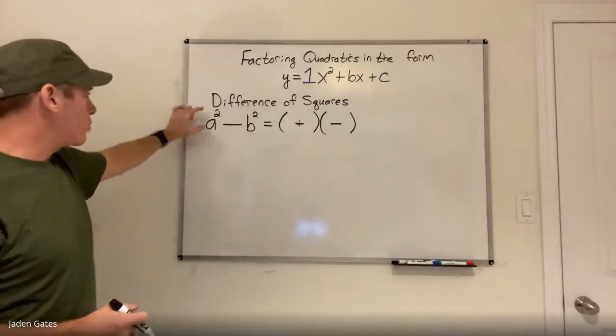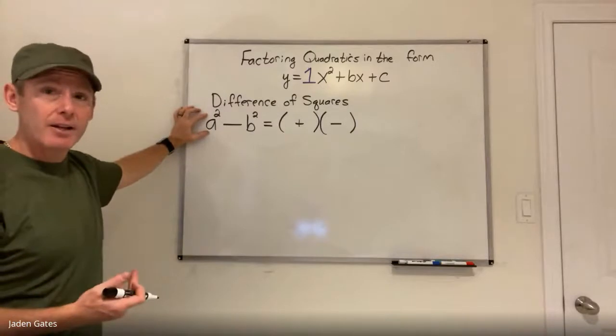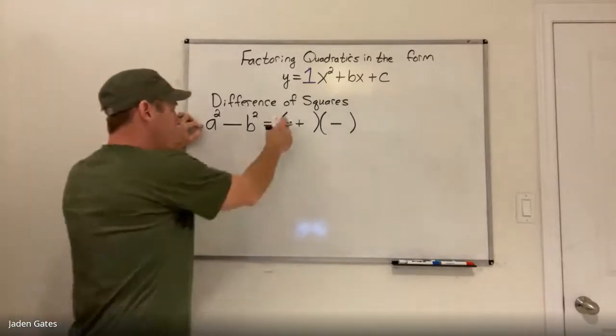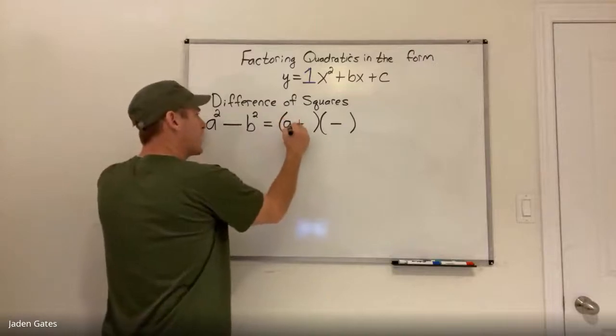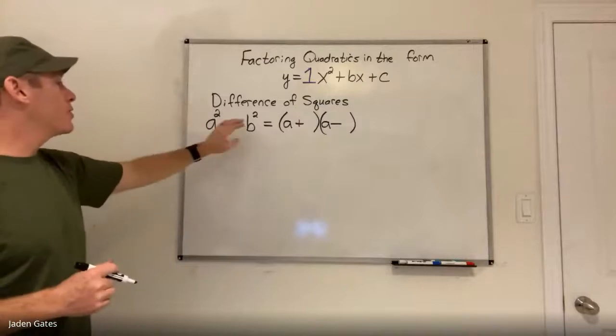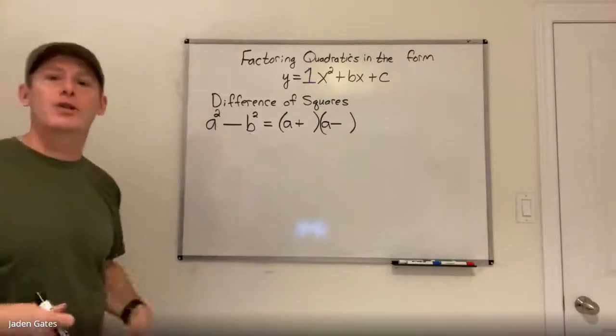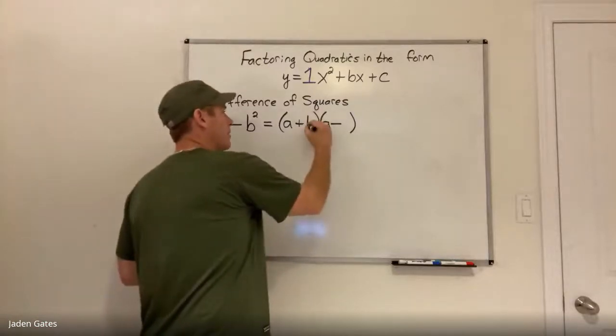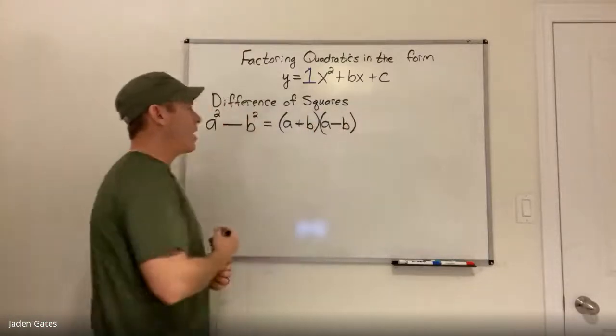So if I square root a squared, I get a, and so it goes in both the first spots. I do the same thing with b squared. I square root it, I just get b. It's the second term, it goes in the second spot.